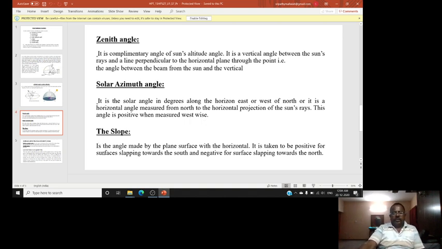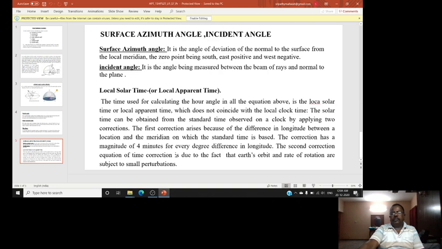Next, coming to the slope, it is the angle made by the plane surface with the horizontal. It is taken to be positive for a surface sloping towards the south and negative for a surface sloping towards the north. Now, once again, let us explain the surface azimuth angle.